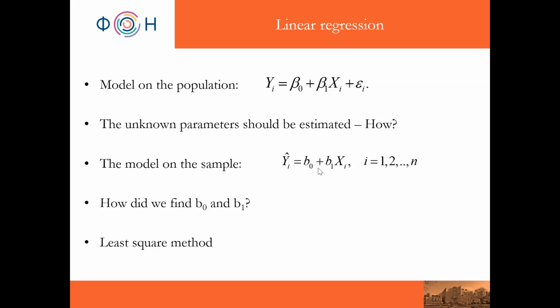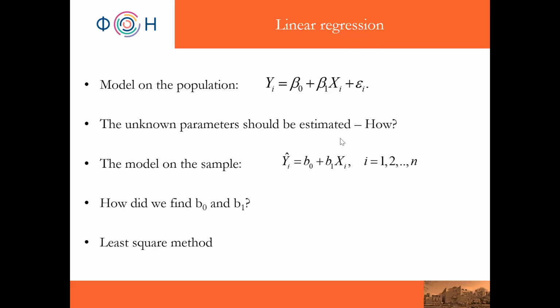If we continue observing our model on the sample, we can see that we don't have the stochastic part. So in the model on the sample, we do not have the stochastic part. In fact, what we made here is a, let's say, deterministic model.